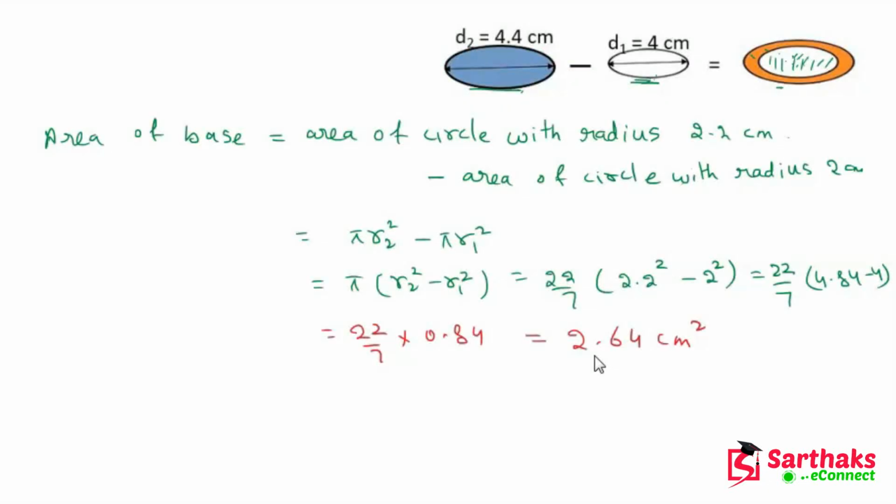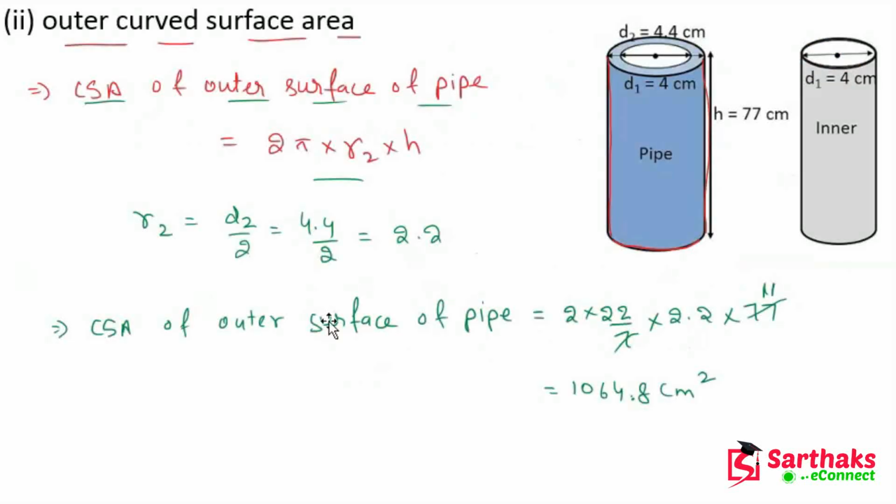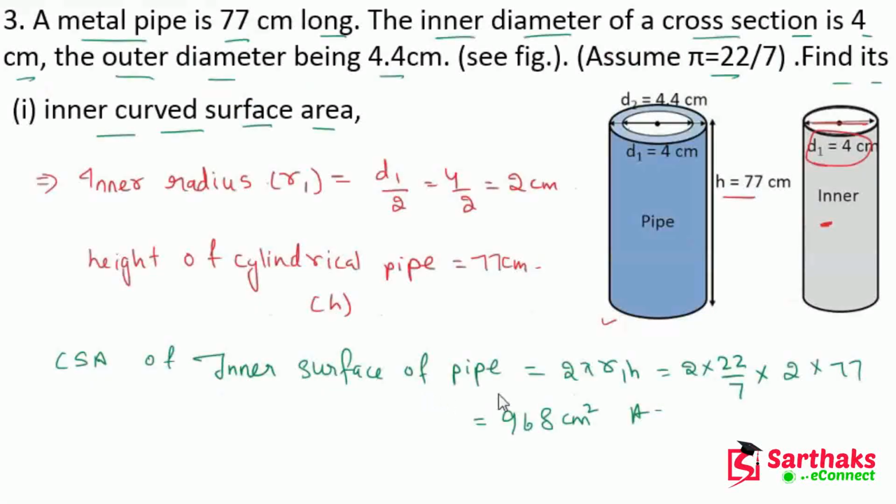So now TSA is equal to CSA of inner cylinder, which is 968, plus CSA of outer cylinder, which is 1064.8, plus 2 into area of base, which is 2.64. Here you can see CSA of outer cylinder and CSA of inner surface 968.